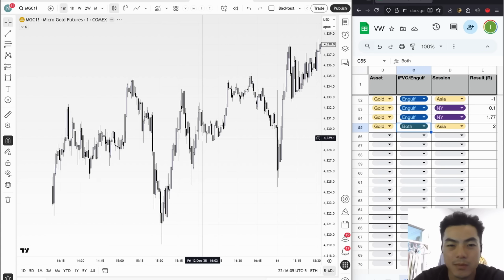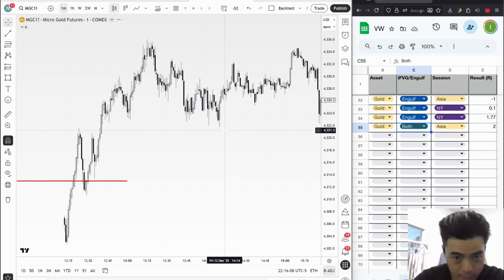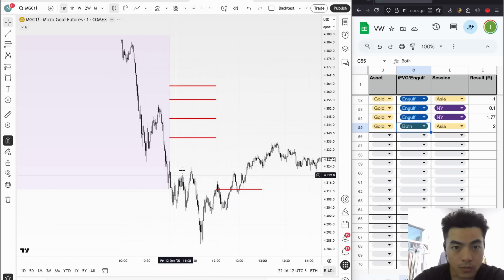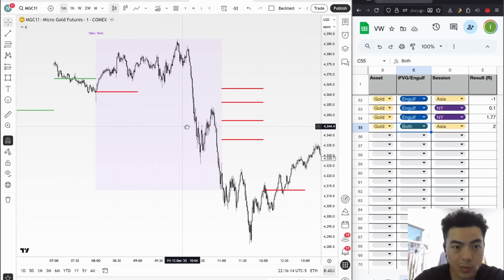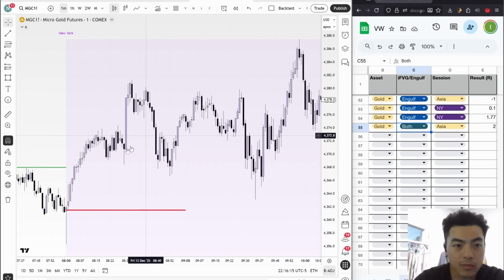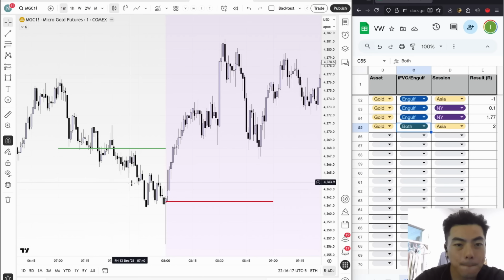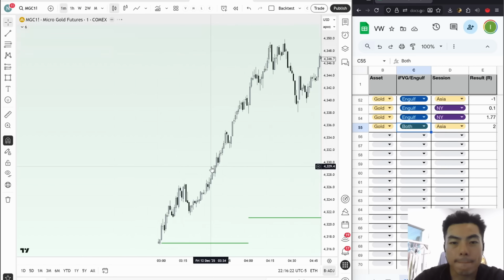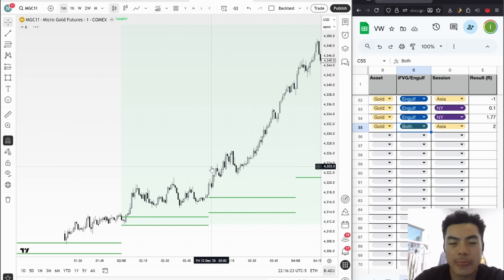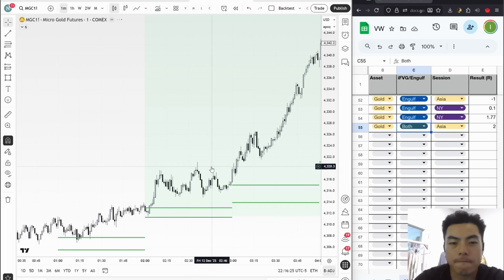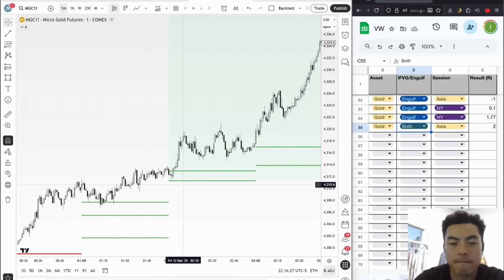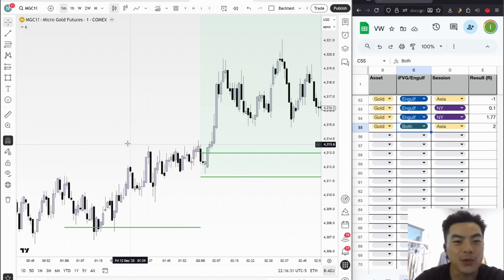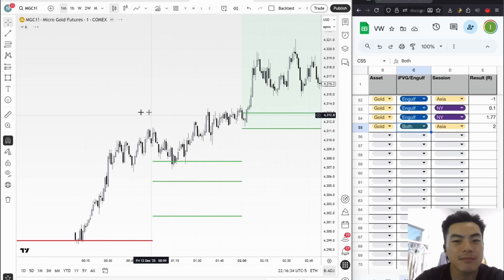Alright, moving on. Nothing there. Here we get an entry model but no draw on liquidity, so nothing to take there.